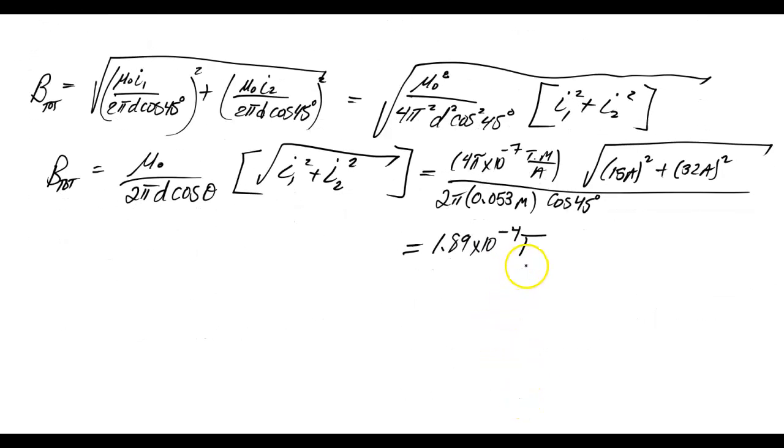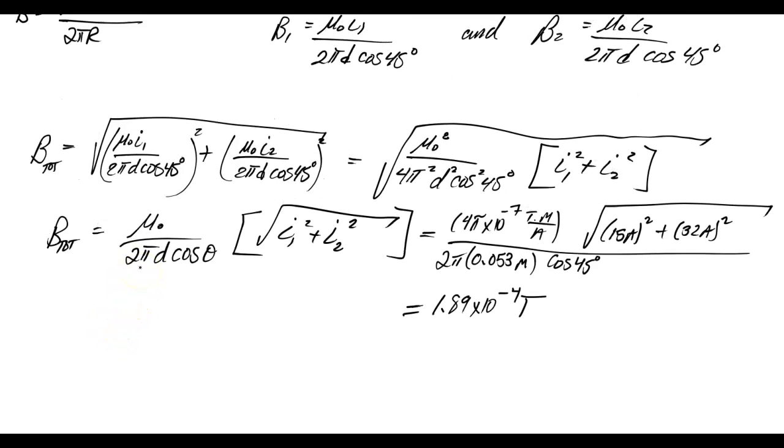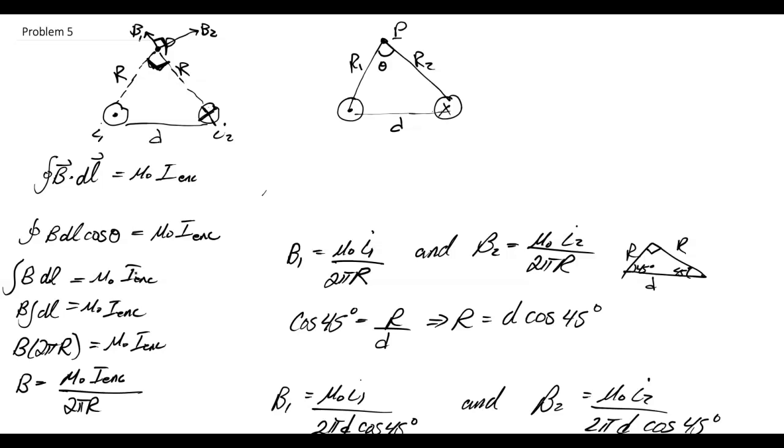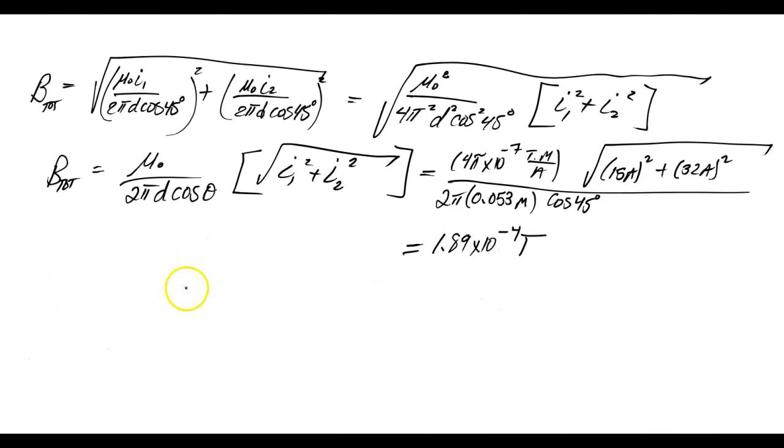And the last thing we need to find is the angle. So think of it, now we have B1 pointing that way, B2 pointing this way. If we complete the parallelogram, assume that's a straight line, this is B. We have an angle theta here.